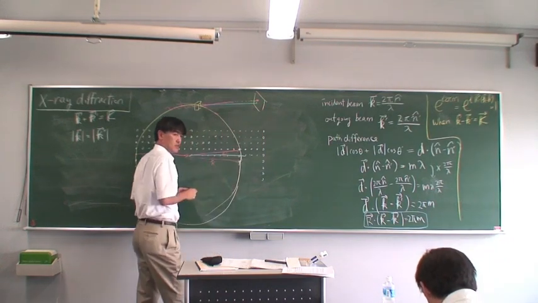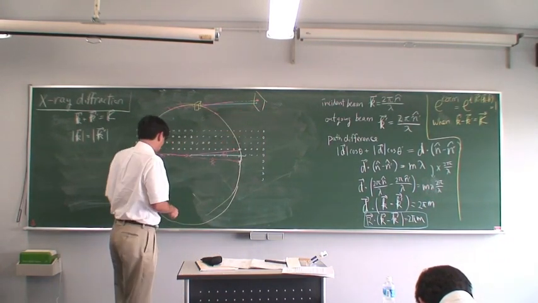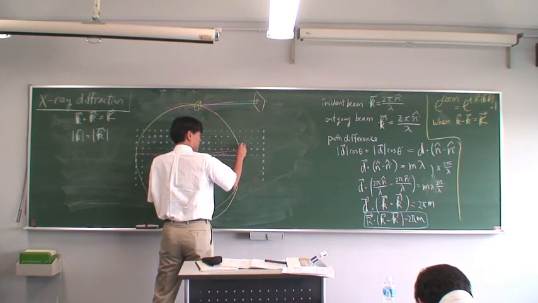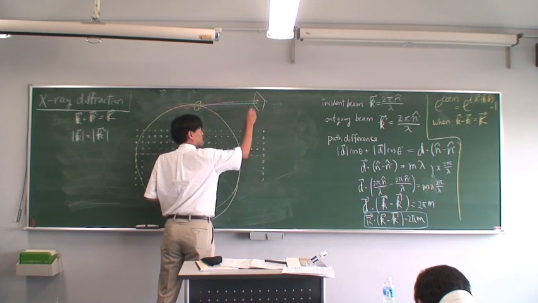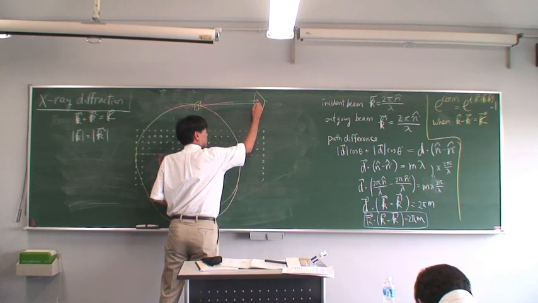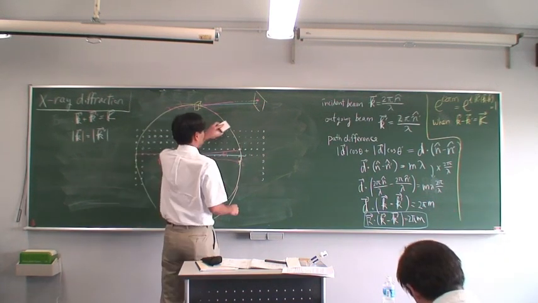Point 1 is the one on top of the transmitted beam. Point 2 is the one below the transmitted beam.